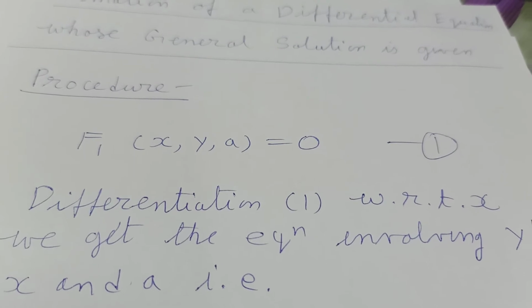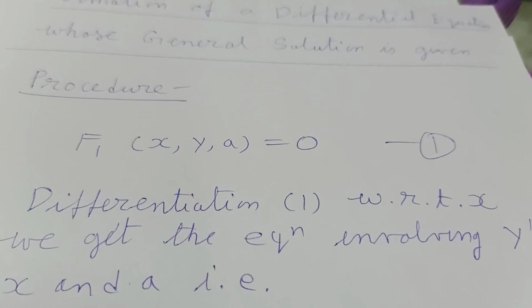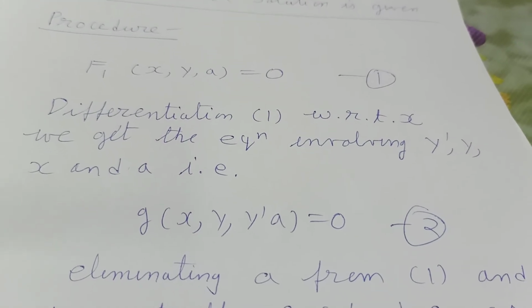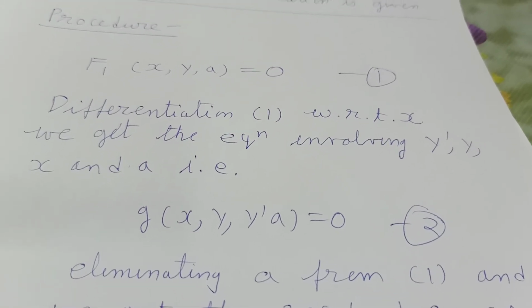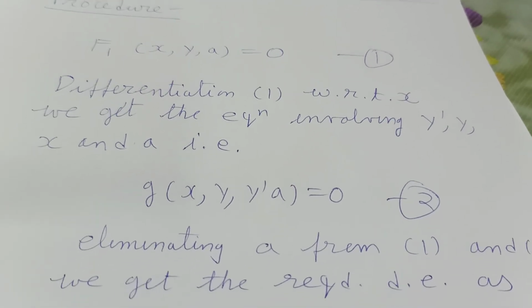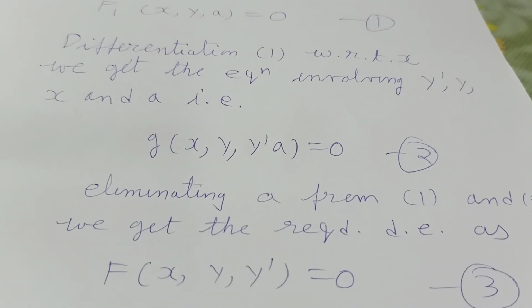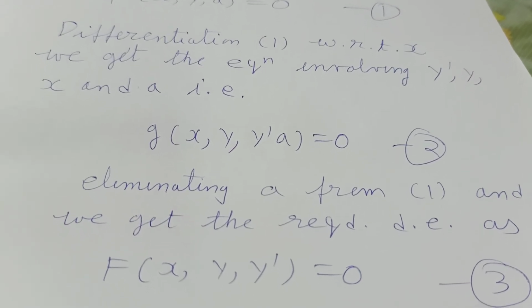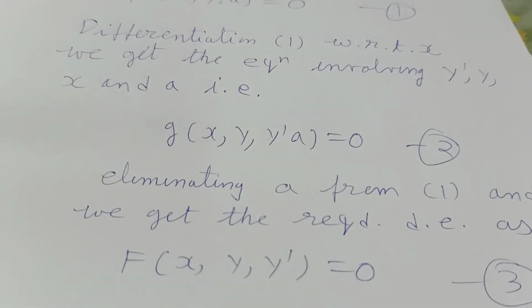Since we have only one parameter, we will differentiate it once. So we will get a function g(x, y dash, a) equal to 0. From 1 and 2 we will eliminate a. So we will get a function f(x, y, y dash) equal to 0. This is a function involving a derivative. Therefore it is our required differential equation.